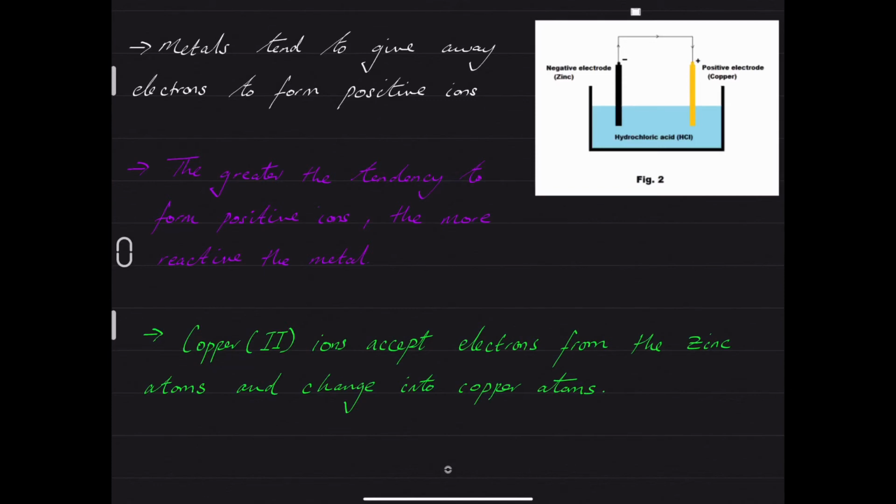And you can refer back to the reactivity series to look at which metals are more reactive compared to other metals. But what you need to know in terms of this electrical cell is that the copper 2+ ions are accepting the electrons from the zinc atom and change into copper atoms.